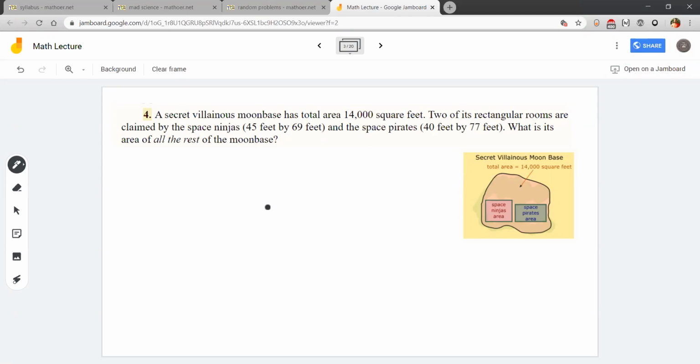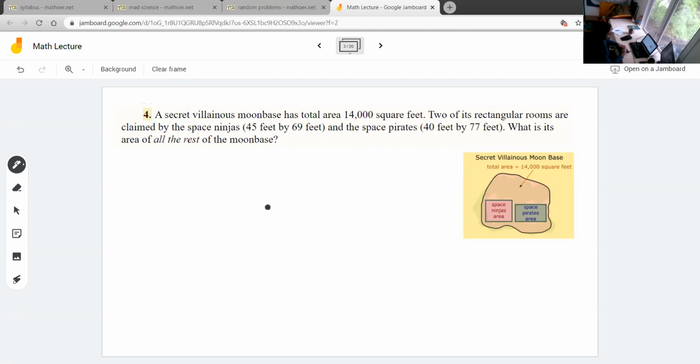Okay, no, not circle enough. We need real circles to talk about circumference and radius and diameter. Don't you have to figure out what each side is? Yeah, let's talk about the ninjas first. So how much room do the ninjas have?